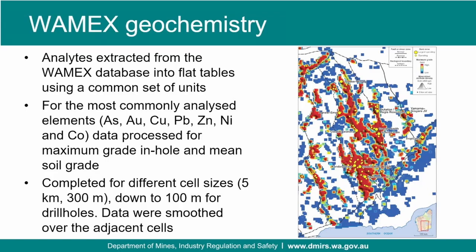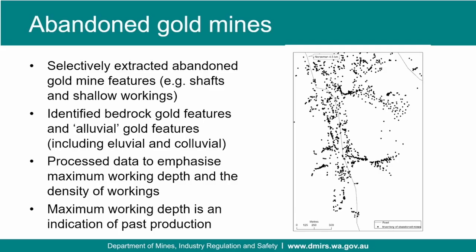What we found here was really quite a remarkable correlation between the mapped major crustal boundaries and many of these regional gold mineralisation trends. Now, from a regional scale to a much more detailed scale, we took the inventory of abandoned mine sites, which has actually been around for over a decade now, and we filtered the data from there to just select those gold workings that could be associated with mineralisation.